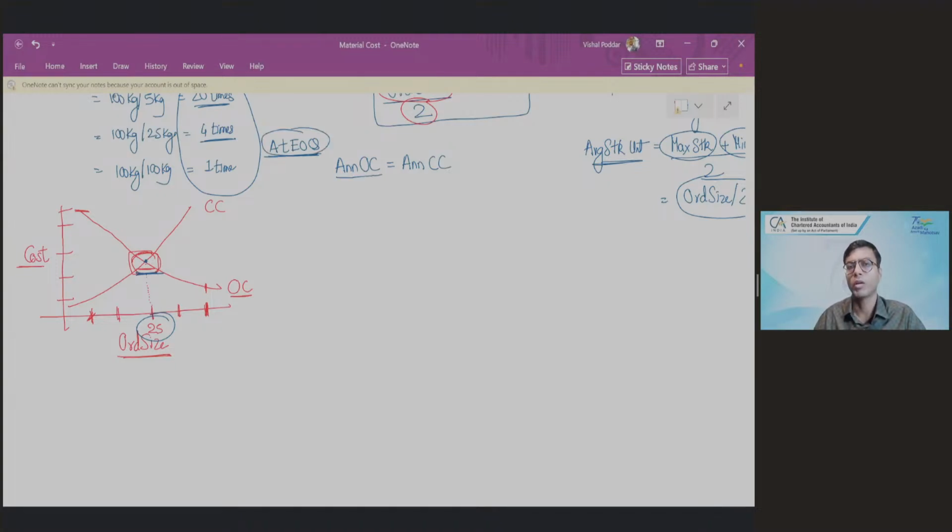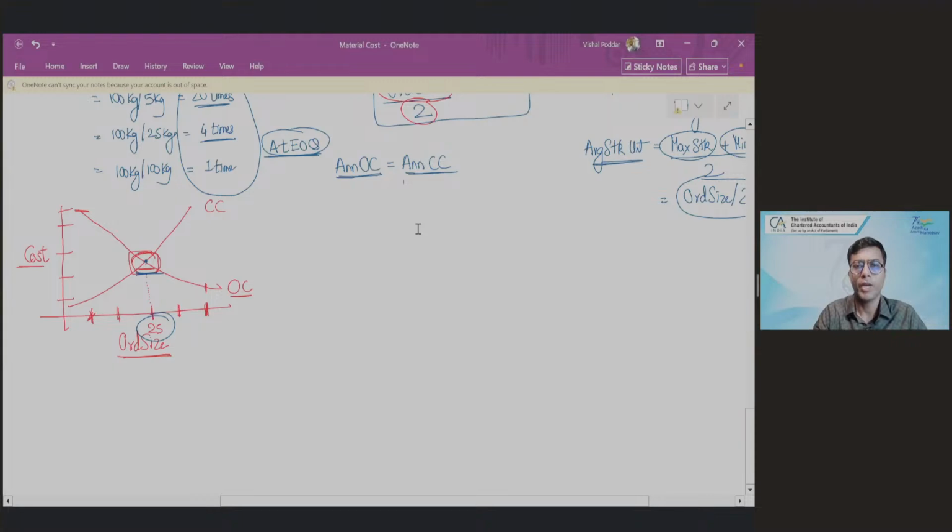Your annual ordering cost is equal to your annual carrying cost. With this concept, you can determine what the EOQ formula should be. In fact, the EOQ formula is derived on the basis of this concept. Plus, if you understand this concept and keep it in mind, when we go to the advanced questions, you will be able to crack them easily.